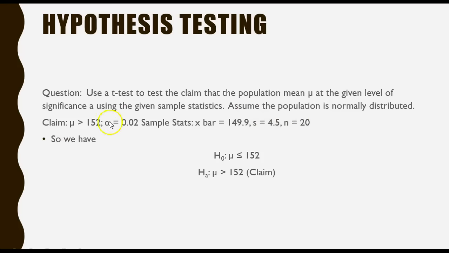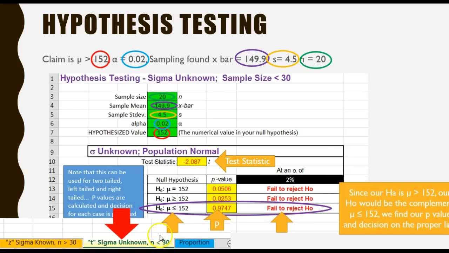Now, click the T sigma unknown n is less than 30 tab on the hypothesis testing template, hypothesis testing calculator. It's an Excel file that's set up to help you with these.